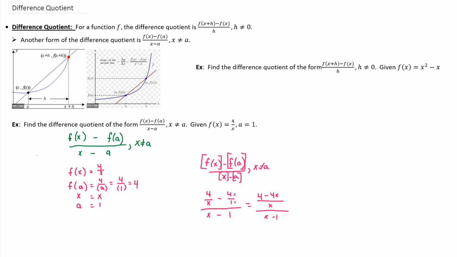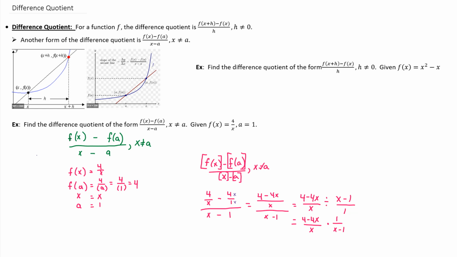But you have a fraction divided by another fraction, so if it helps you, rewrite that. So it's 4 minus 4x over x divided by x minus 1. And I'm going to write that over 1 so you can see the fractions. But the way you divide fractions is you multiply by the reciprocal. So this is 4 minus 4x over x times the reciprocal of that second fraction, which is 1 over x minus 1.